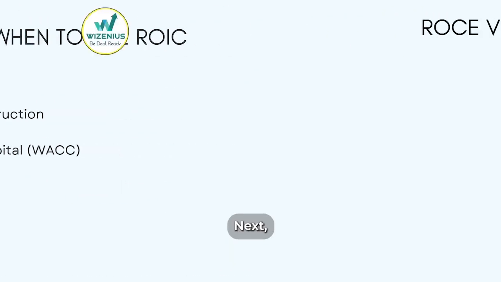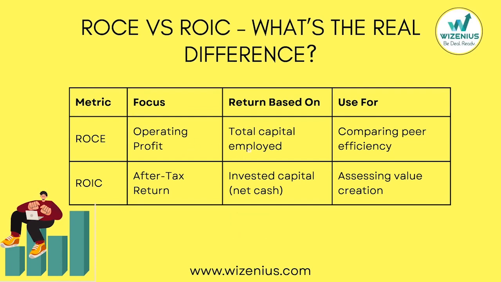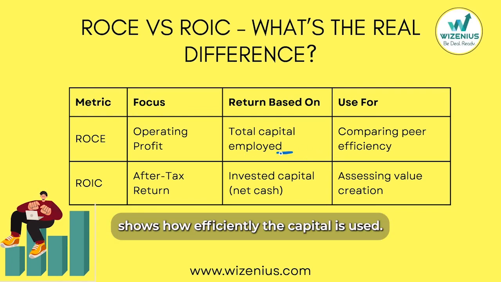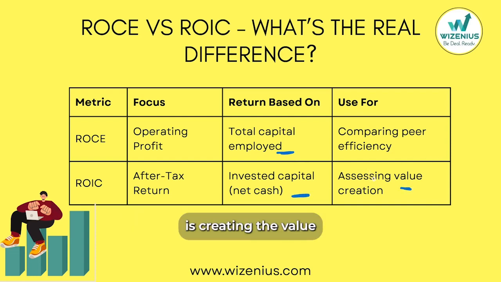Next, let's try to figure out what exactly is the real difference here. The ROCE shows how efficiently the capital is used. The ROIC shows whether the company is creating value after accounting for the real cost of that capital.